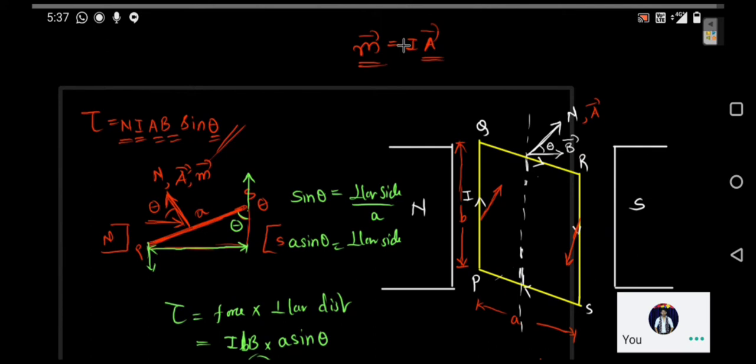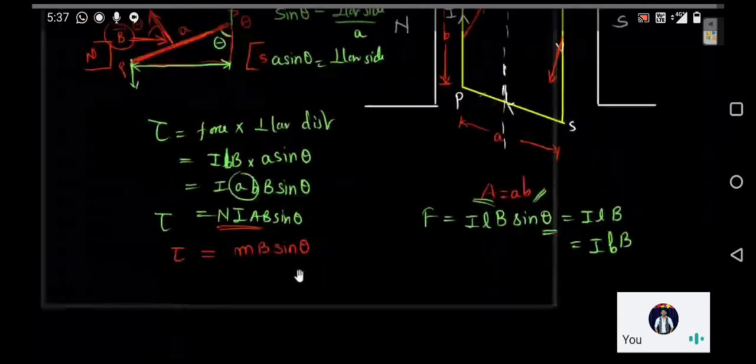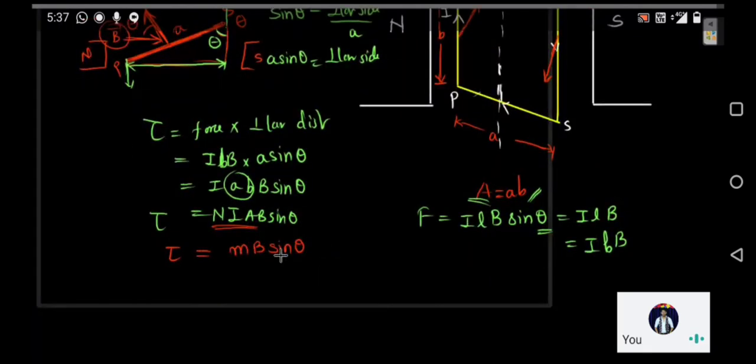Since A is going in this direction, the magnetic dipole moment is also in the same direction. So theta can be considered the angle between the magnetic field and the magnetic dipole moment vector. That is how I can write this as a cross product. MB sine theta can be written as M cross B, which is your torque in vector form.